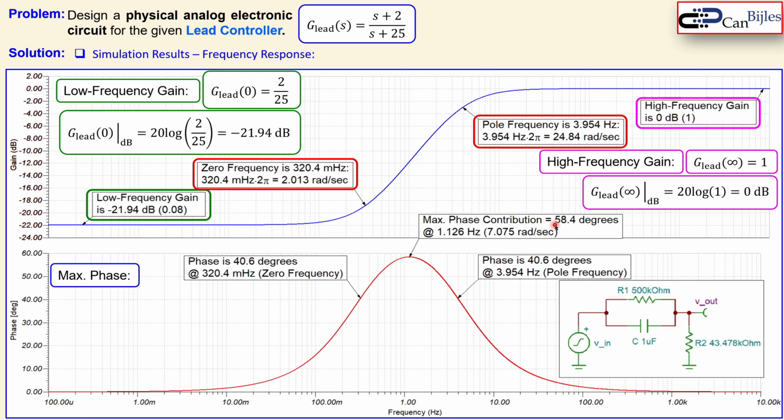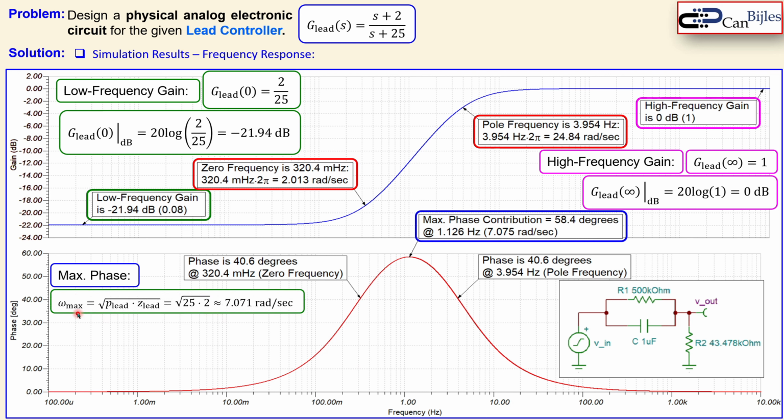But how can we calculate this? This is also an important check that this transfer function is really giving that transfer function here. The maximum phase contribution can be calculated from the location of the pole of your lead controller and the location of the zero of your lead controller: the square root of the product of the two, that's sort of the geometric mean.